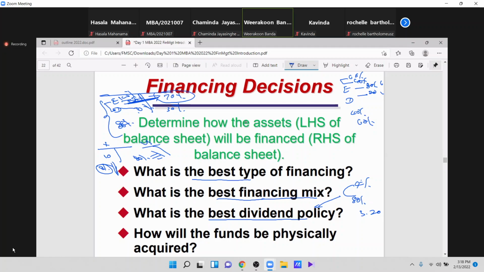Fourth one: how will the funds be physically acquired? If you decide to issue equity shares or debt capital, then the next step is to decide the physical process steps you have to take to acquire the required funds.